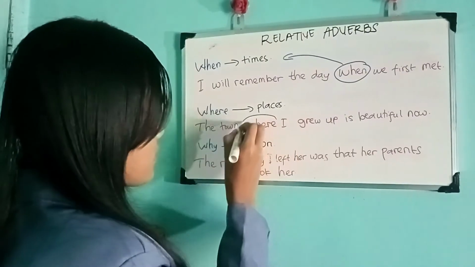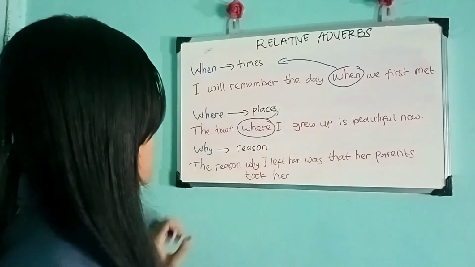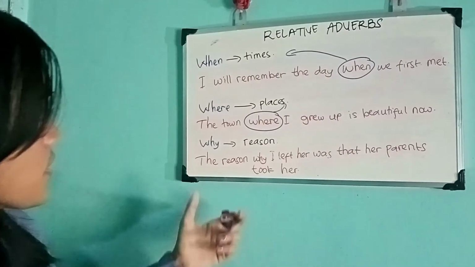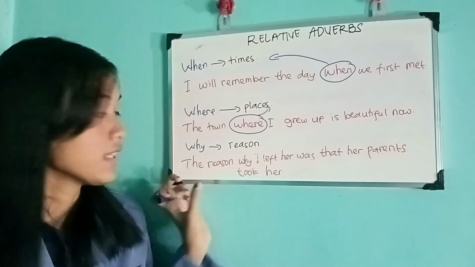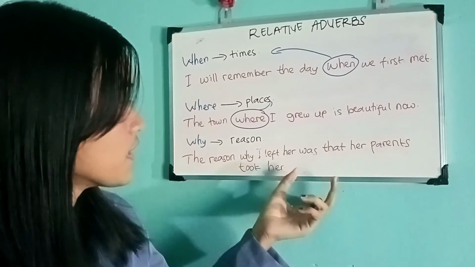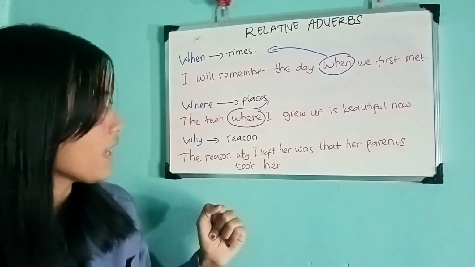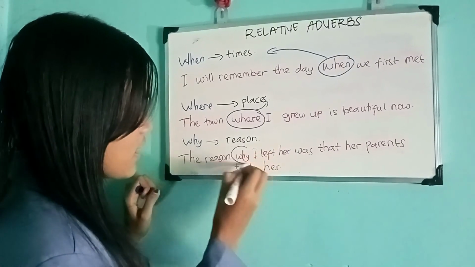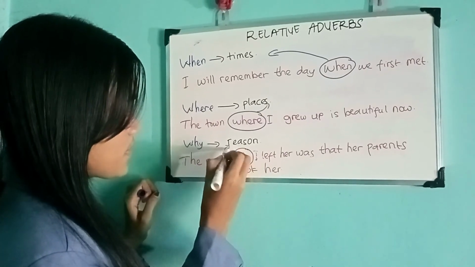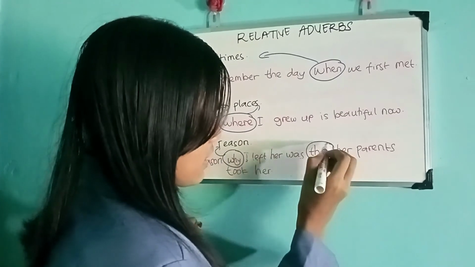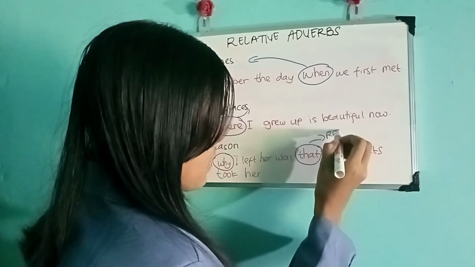And the last, why to give a reason. For example, the reason why I left her was that her parents took her. In this sentence, we have why as a relative adverb to give a reason, and that as a relative pronoun.